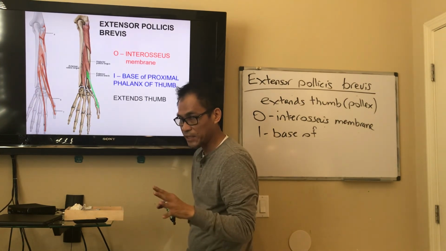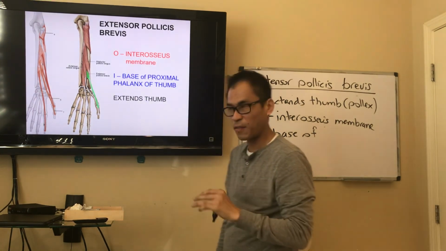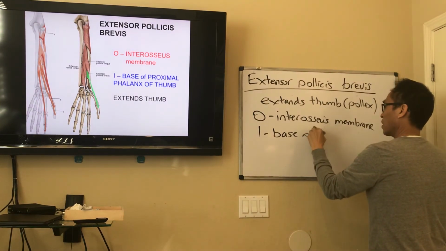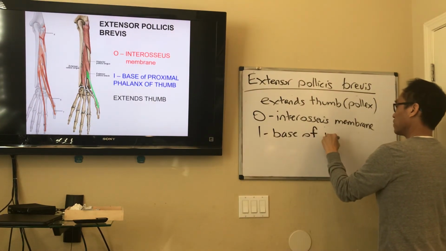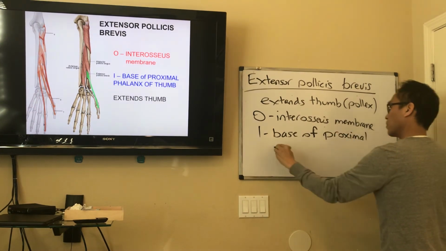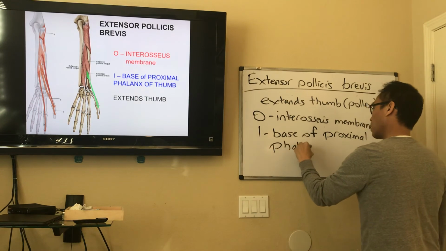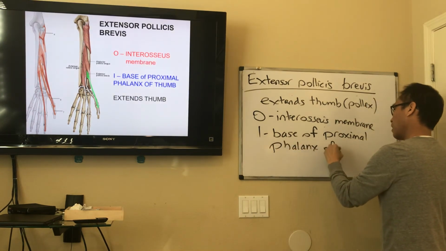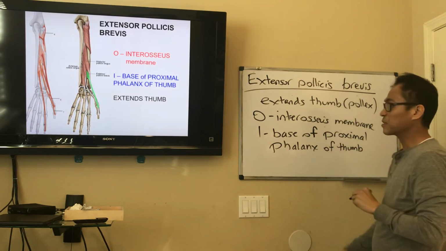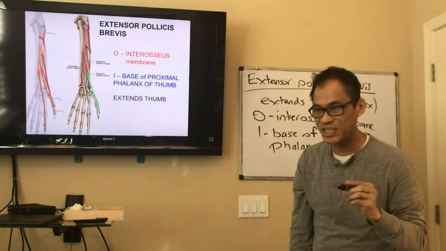There's no middle phalanx for the thumb. Base of the proximal phalanx of the thumb, or pollex. Remember, phalanx is singular for phalanges.